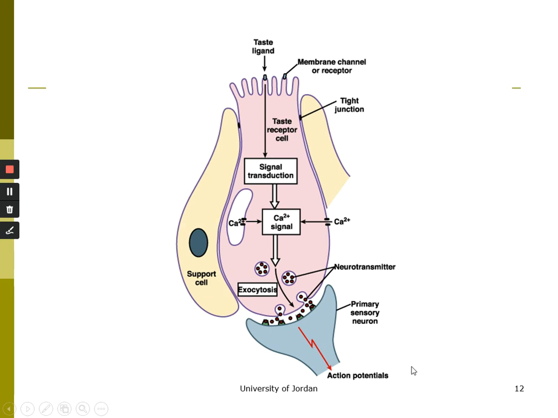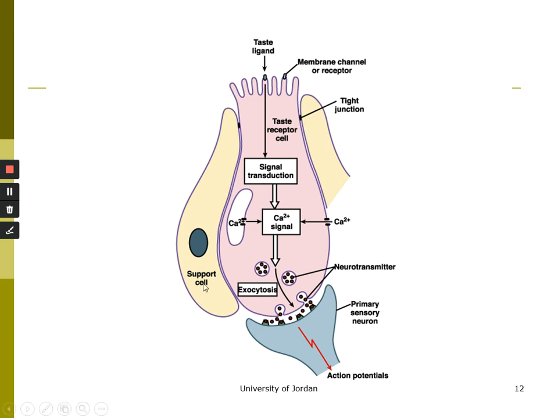When we come to taste transduction, the taste substance, the taste ligand, binds to its receptor. Binding to its receptor here causes the signal transduction. By what mechanism? The mechanism is specific to each substance.